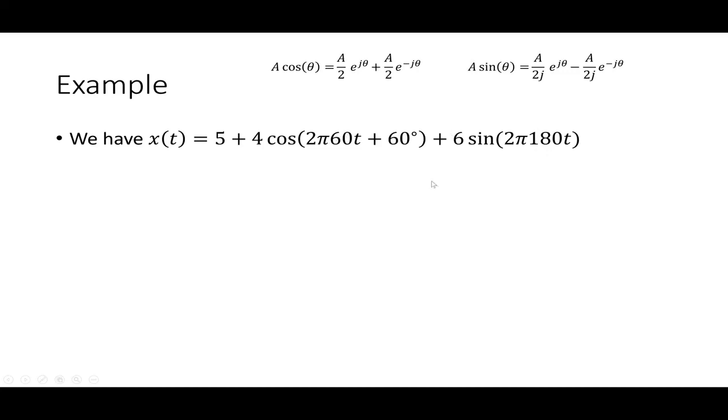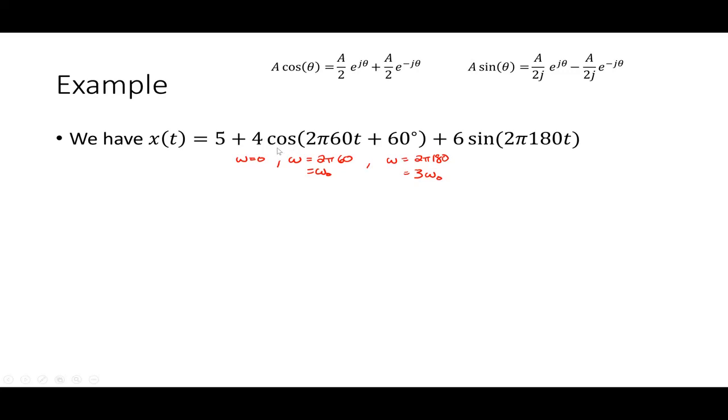So it would appear that I have frequencies at omega equal to 0, omega equal to 2 pi 60, and omega equal to 2 pi 180. I can identify that my fundamental here is 60, and that this is 3 times that fundamental. I'll write it like so. This is omega naught.